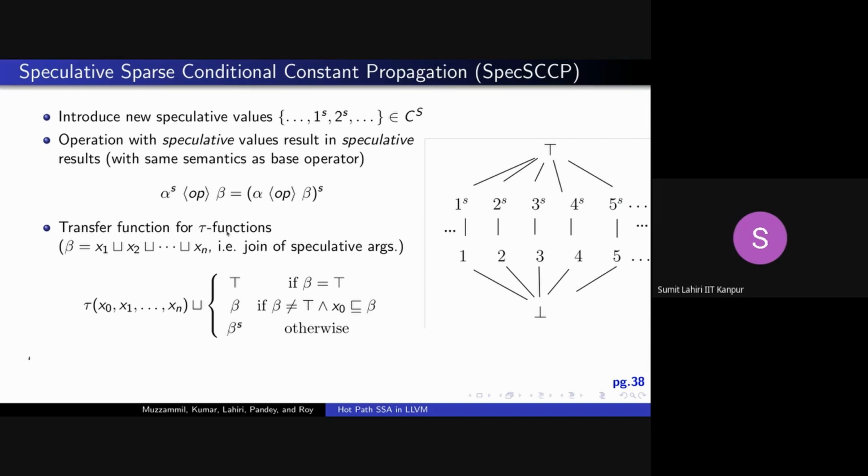Then we modify the regular transfer function for the tau definition. In that case, either we get back top, saying that we don't know, it's overdefined, or it is a regular constant, or it is a speculative constant. So we get those as the output from the meet.